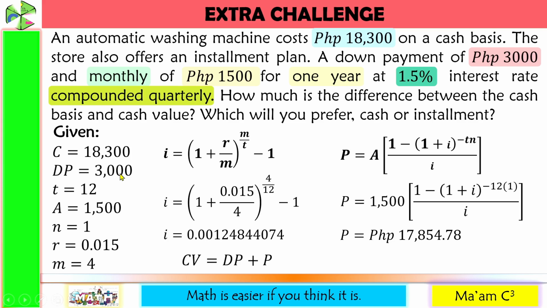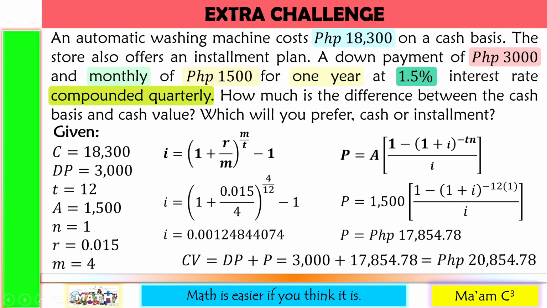So the down payment is 3,000 plus the principal value, and this is equal to 20,854.78. If cash on hand will suffice, then it is better to buy the automatic washing machine in cash, or wait until you have sufficient cash, than to buy it in installment. Why? Because the cash basis is less than the cash value.